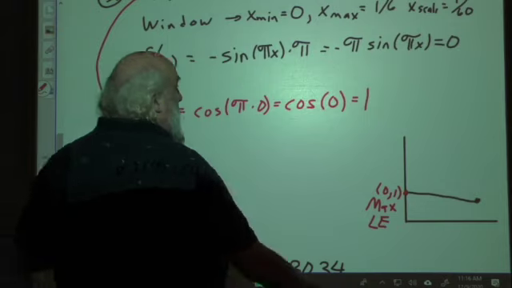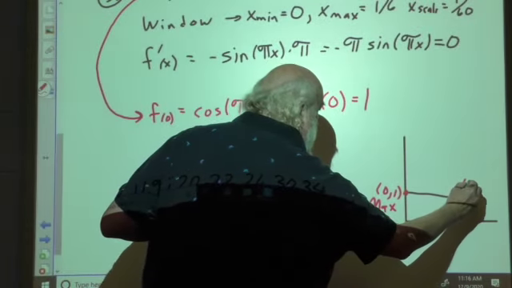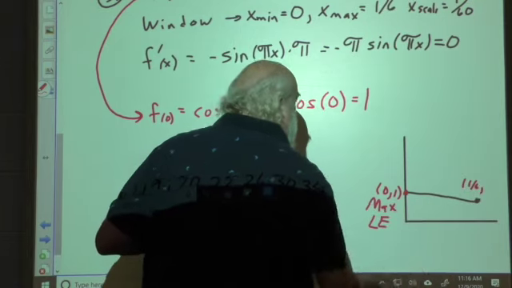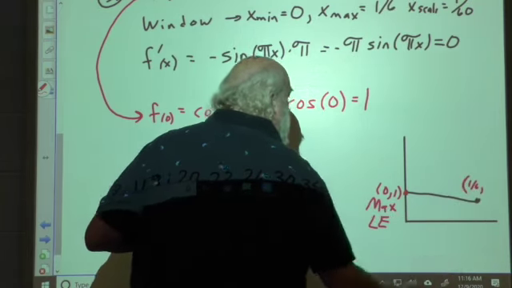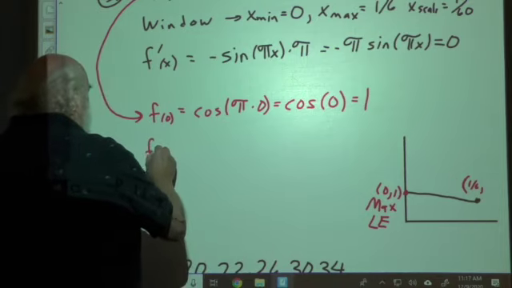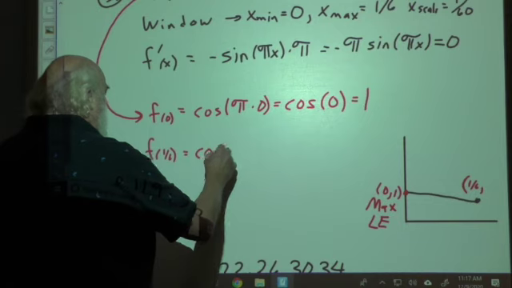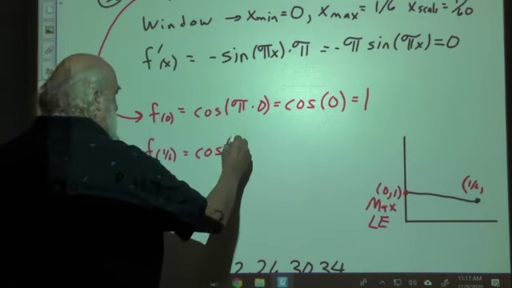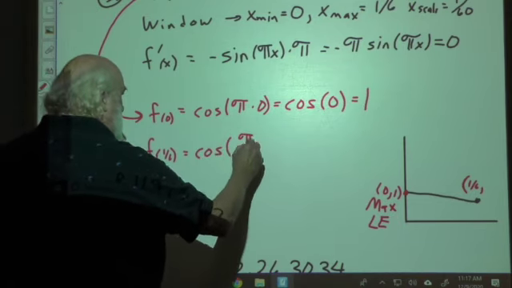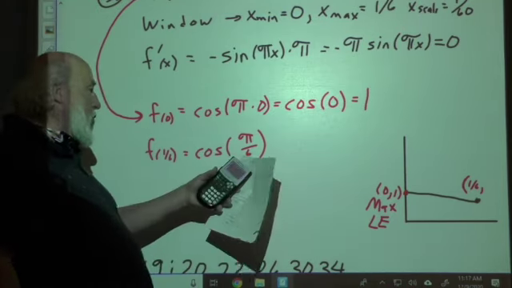Then this is going to be 1/6 right here. So f of 1/6 equals cosine of pi times 1/6, which is pi over 6. And if you know your trig tables, that's 30 degrees.